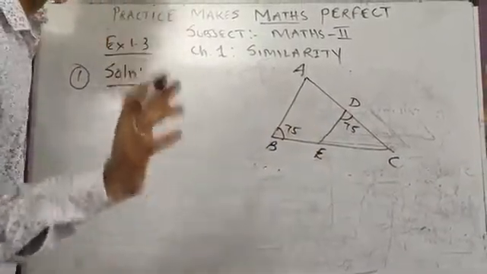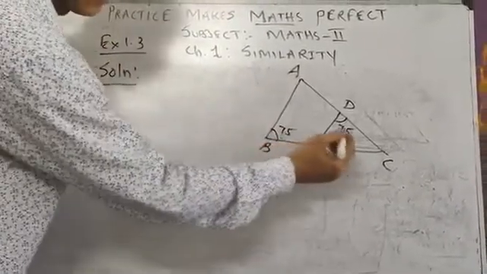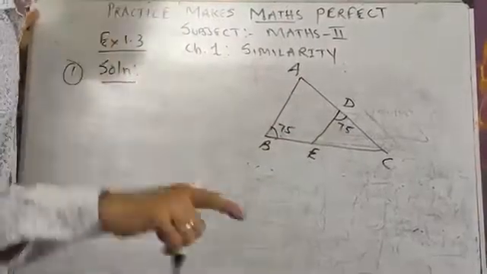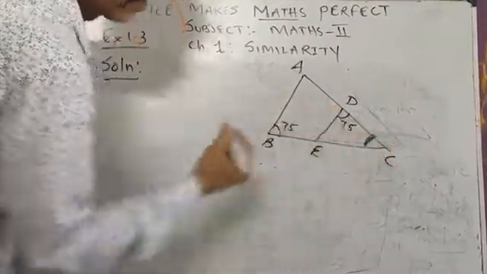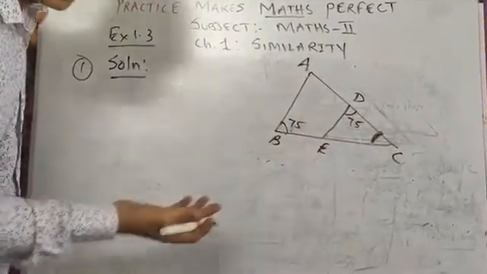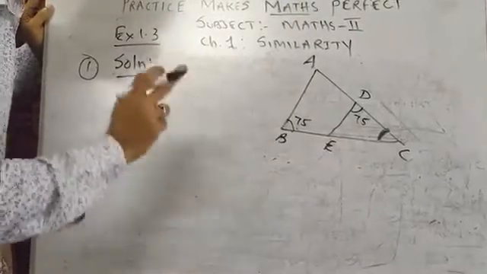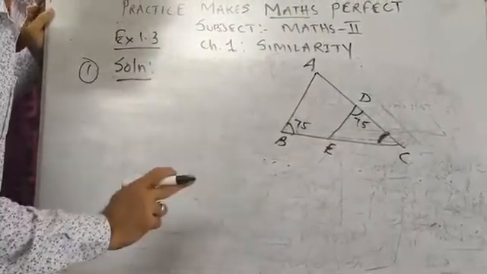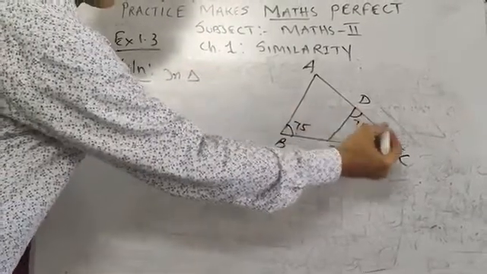As I told you, 99% it is based on the angle test. So one condition we got this. And the second condition is a common angle. You can see this angle is common. Angle C is common for this triangle and this triangle also. So both the triangles will be similar by the angle test of similarity. Now I will take the triangle names. In triangle DCE.